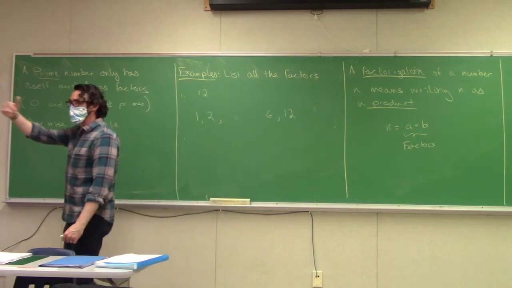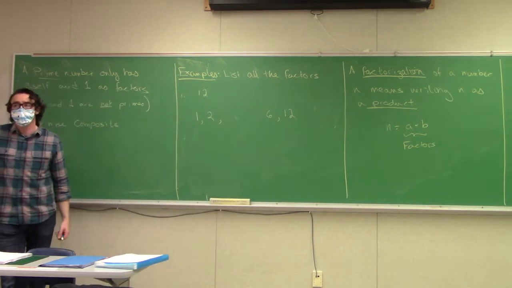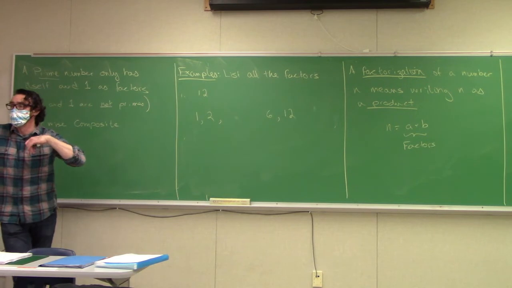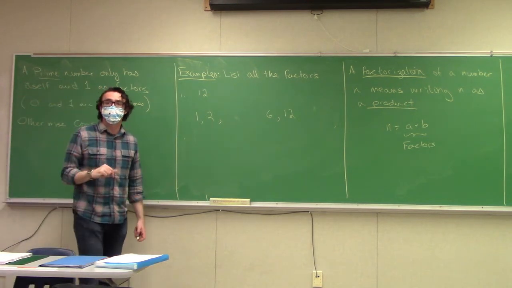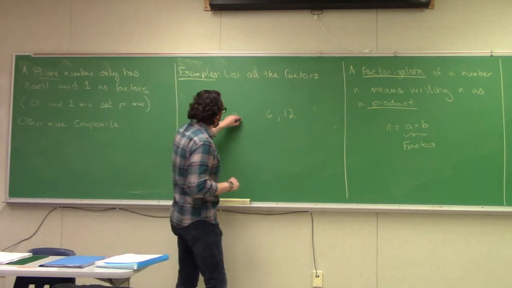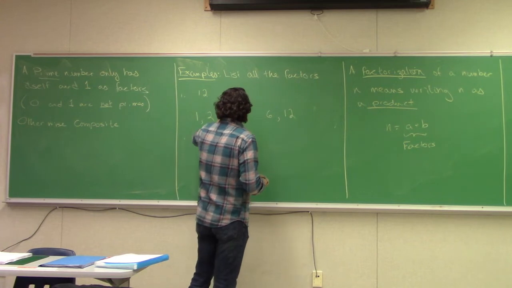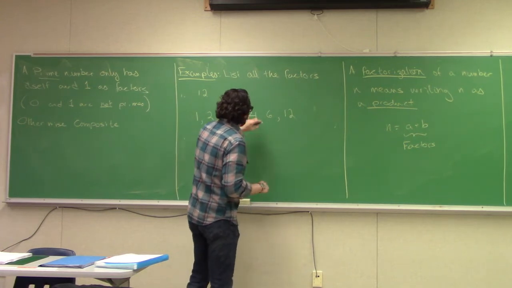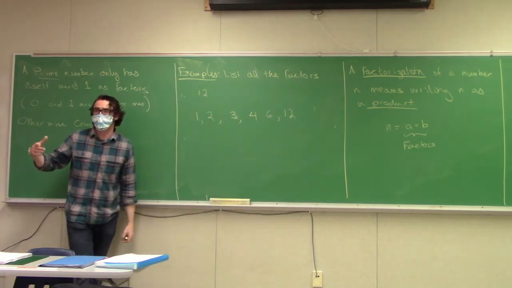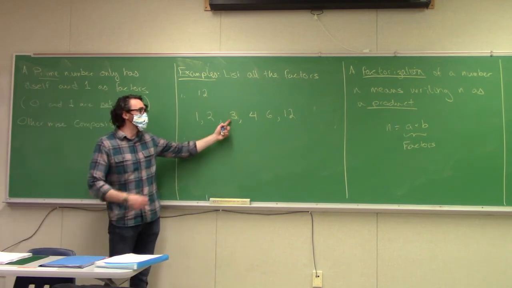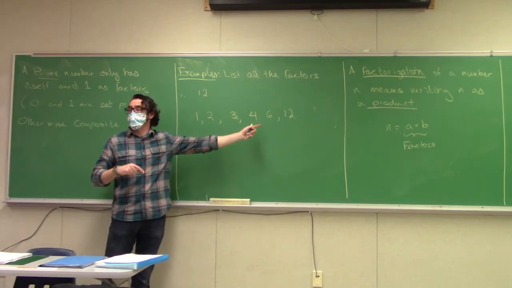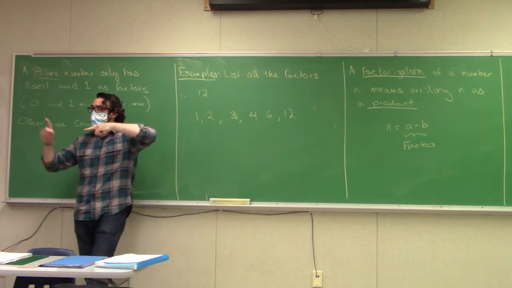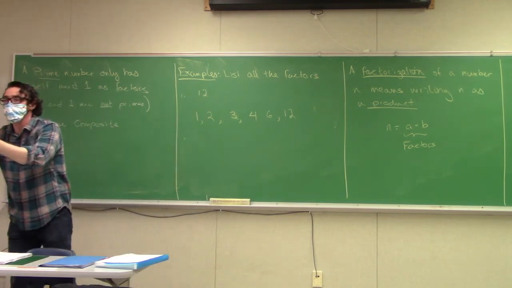Let's think in order here. 3 goes into 12, right? And what's the other factor? 4. Okay? Whoops. Jumped the gun there. 3 and then 4. And those are all the factors. Okay? You might say, well, it's divisible by 4. Yeah, we got that written down, because we're doing it systematically, working from both ways in.